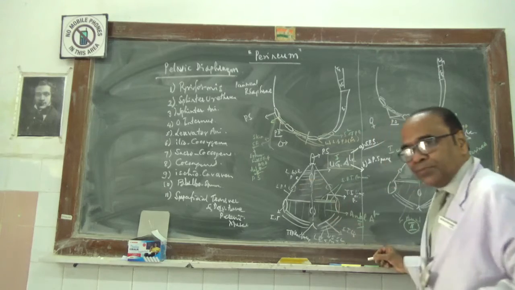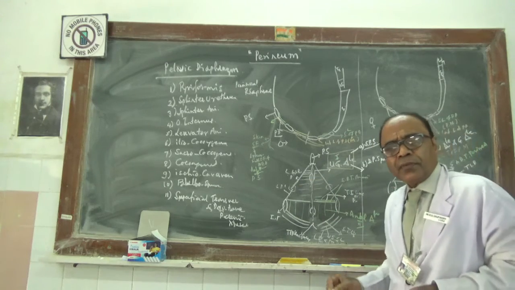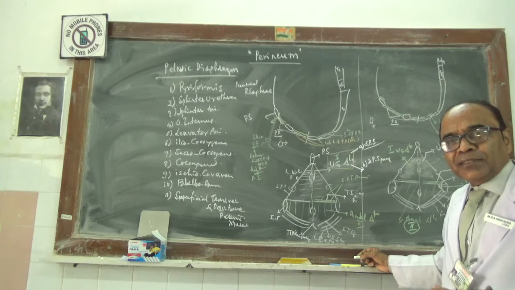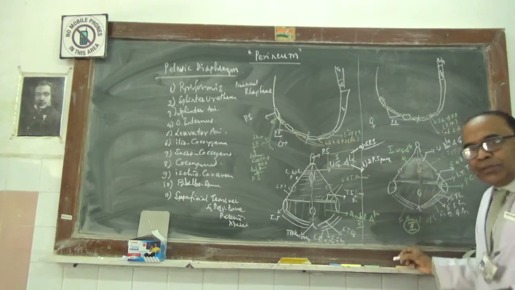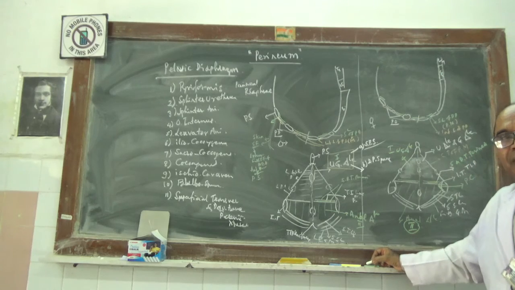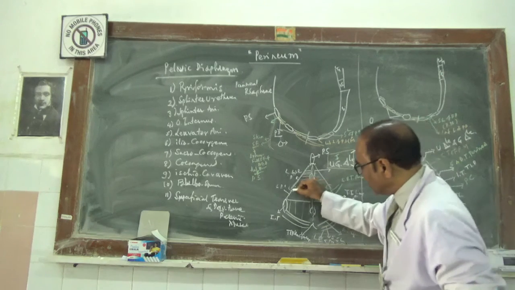At this point in the male, it is not that much elevated, but in the female, where it adjoins, this bony part gets averted.